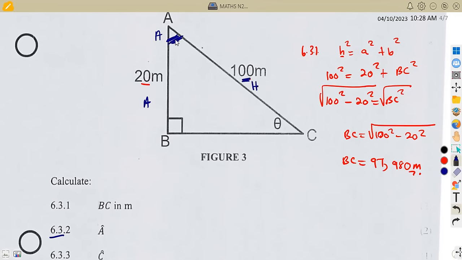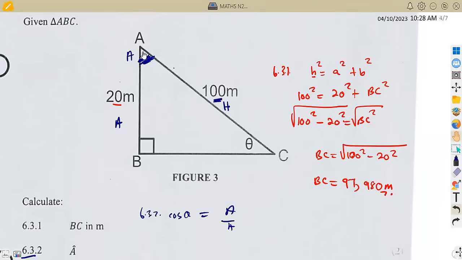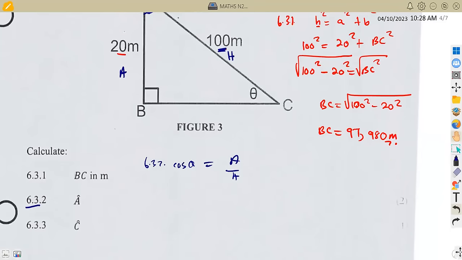So we can use the ratio of cos, which is adjacent over hypotenuse. Substituting, cos of angle A is equal to 20 over 100.